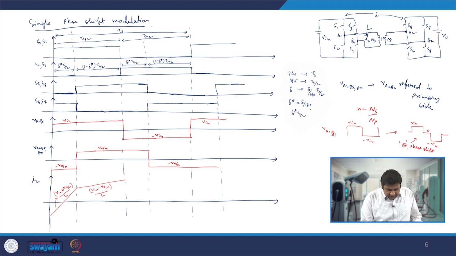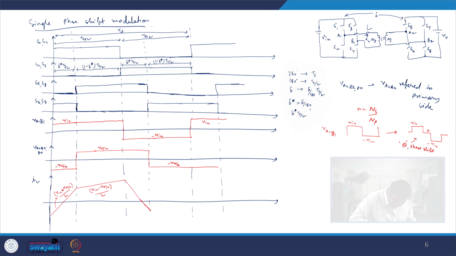Similarly, in this instance, we are applying minus V in, on the other side we are applying minus V naught by N. So we are now having a very sharp slope which will actually be looking like this. So sharp negative slope we have, which goes like this.